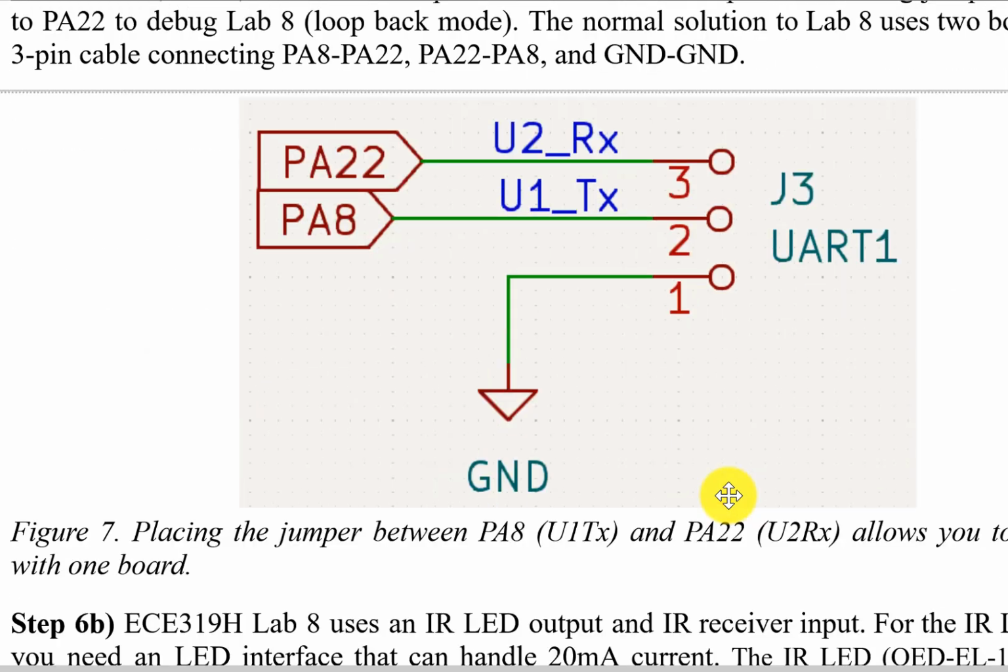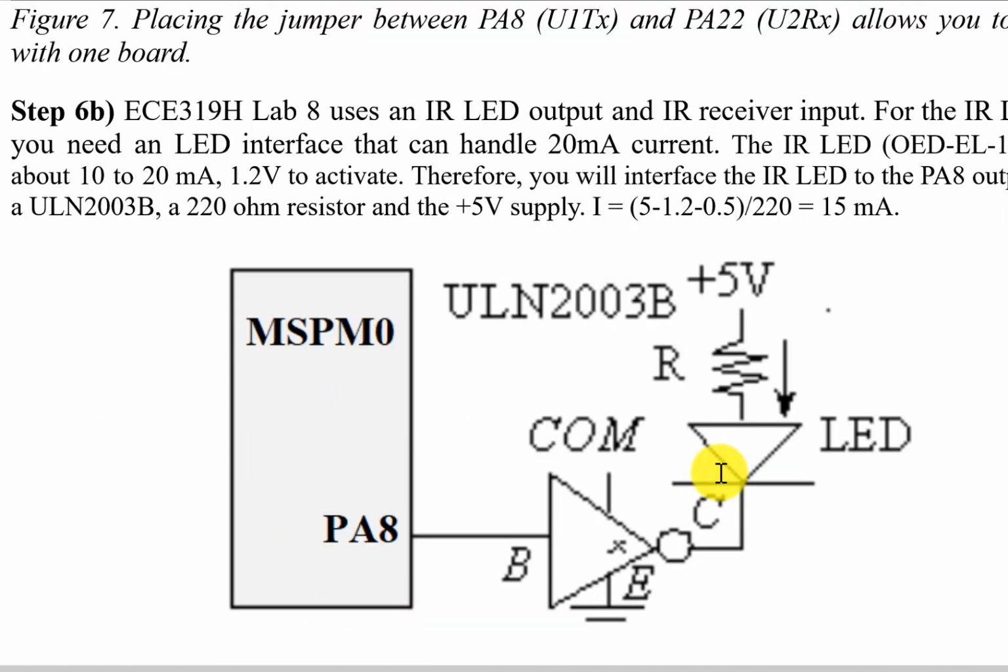All right. This is the circuit for Lab 8. You might as well hook it up. It doesn't cost you anything. These are the circuits for the 319H. This is a high current light emitting diode that outputs infrared. Again, if you're in 319H, you may want to wire it up.